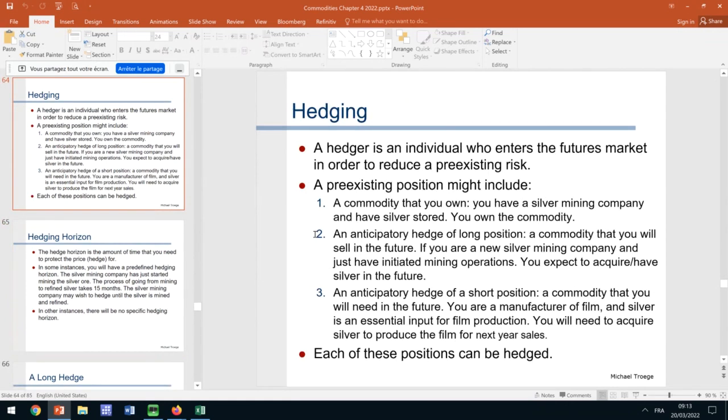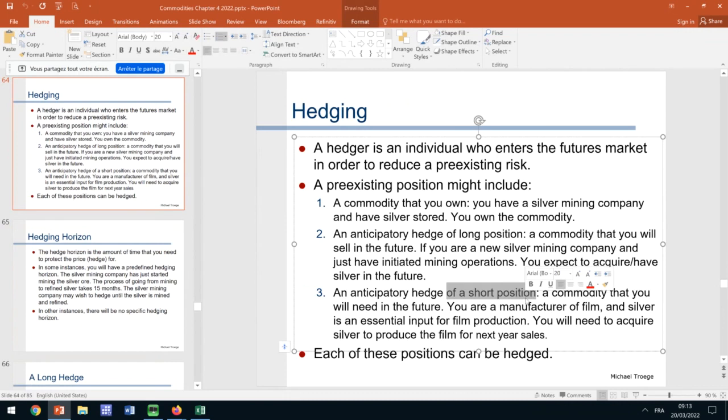Now, if you need the commodity, you would use a short position. Wait a second. No, this is not... these are just a couple of examples.